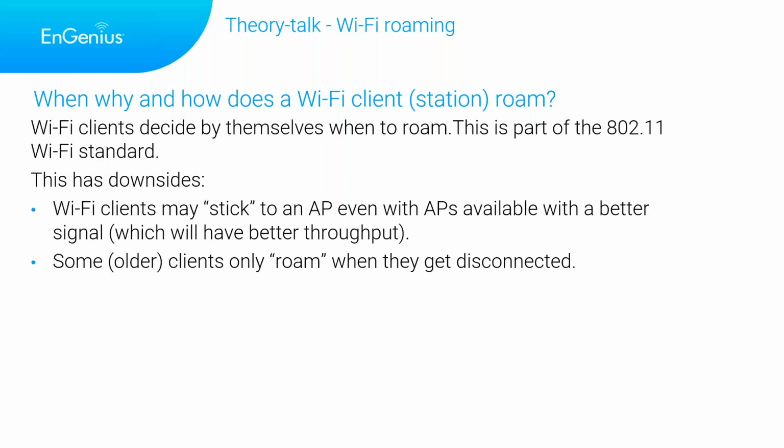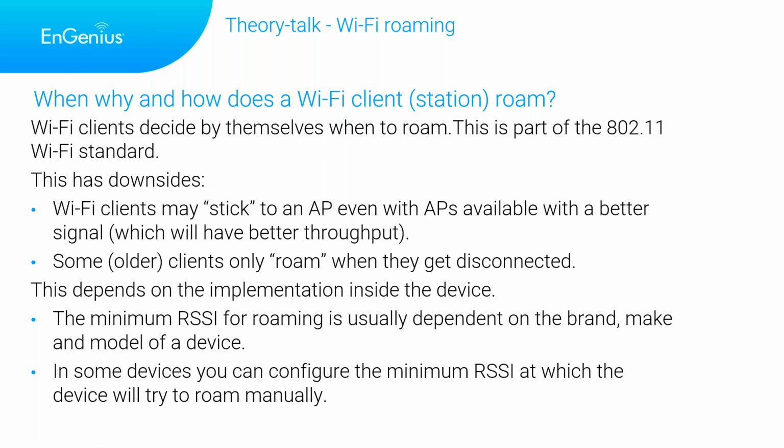They only roam at the moment that the access point is not in range any longer. Then you have passed 5 access points that have been better, but still you're stuck on that one access point.